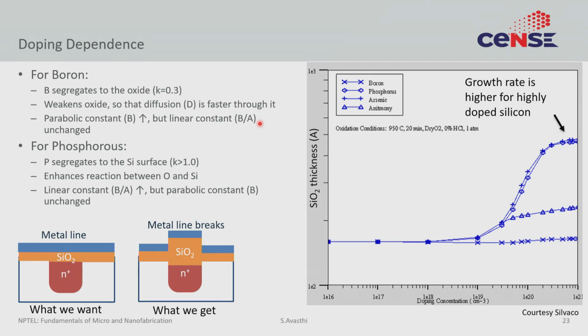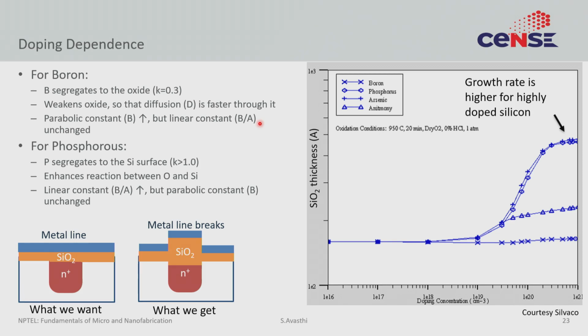So, if you understood the previous slide, we discussed that boron has a segregation distribution coefficient of less than 1, right? So, K is 0.3. So, all that boron that is there in the silicon dioxide weakens the silicon dioxide, and if the silicon dioxide is weaker, then you can imagine that the diffusion through that silicon dioxide will be faster, and if the diffusion is faster, then the parabolic rate constant would be higher, but the linear rate constant would remain unchanged, and that higher parabolic rate constant is what is causing the enhancement in the oxide growth rate.